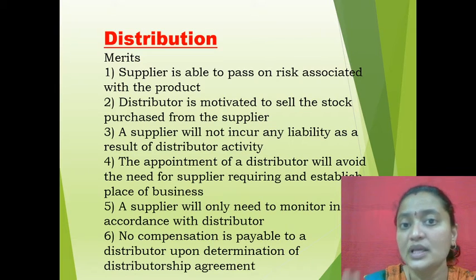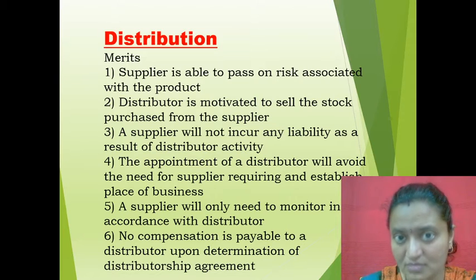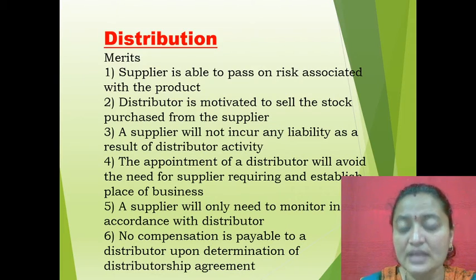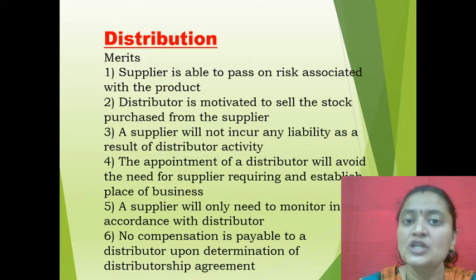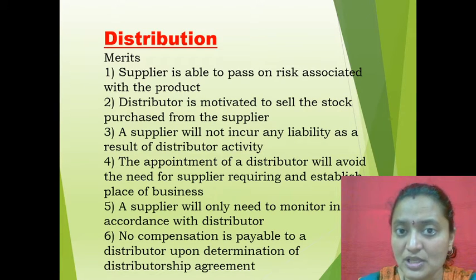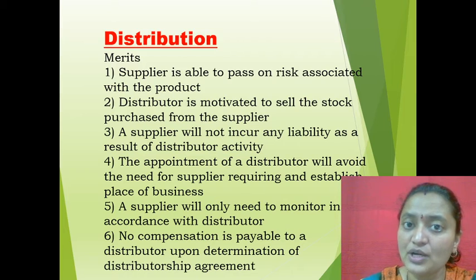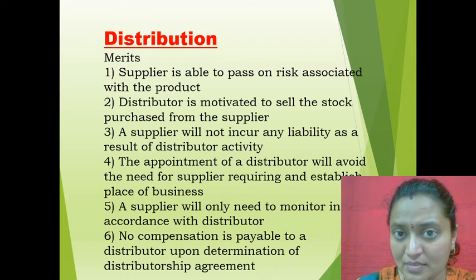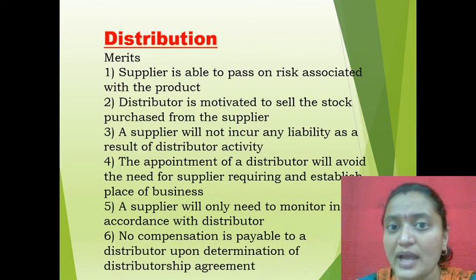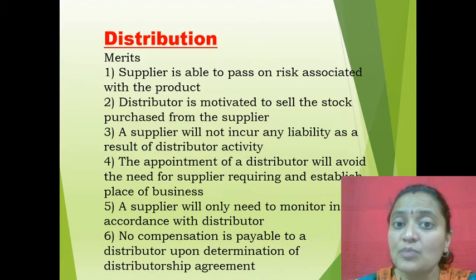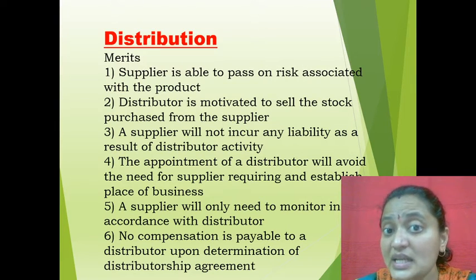Suppose an order is placed. Just think that one company places an order on a particular date. Whatever date is mentioned, on that particular date the order should be placed. Now suppose there is any delay.